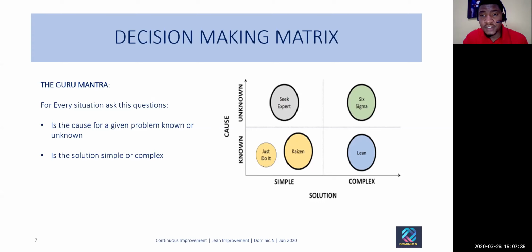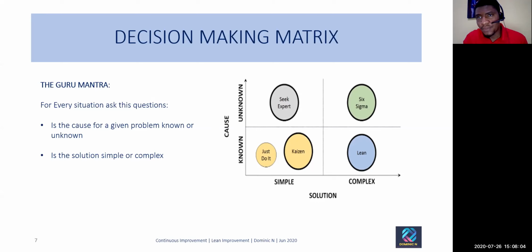If the cause is known, but the solution is complex, then we apply a Lean approach. But if the cause is unknown and the solution is complex, then we use Six Sigma. If the cause is unknown, but the solution is simple, then we seek an expert. You ask someone who knows better.